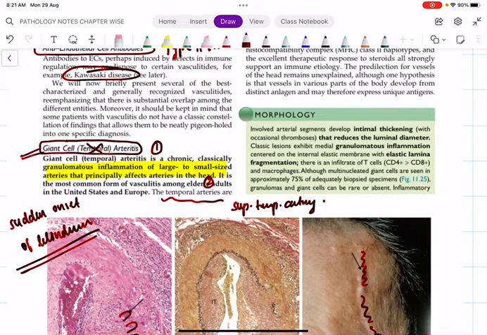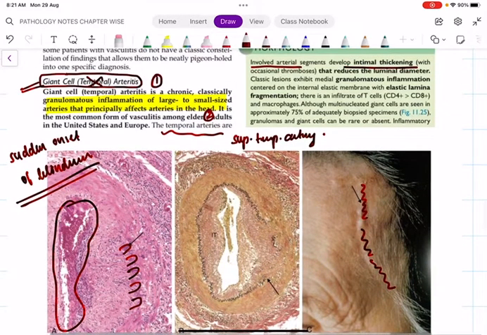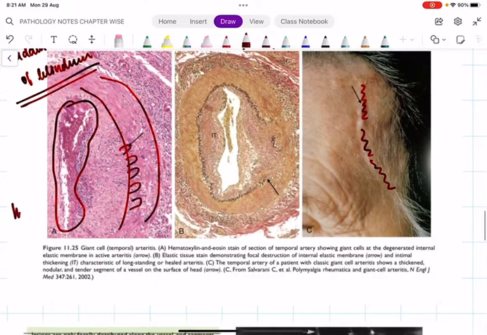They will give a case scenario and ask you. The involved arterial segment develops intimal thickening. You can see a thrombus in the lumen, which reduces the luminal diameter, and there will be classical granulomatous inflammation, which is seen in which layer? Media. In the intima, you will see thickening, thrombus, occlusion of the lumen.